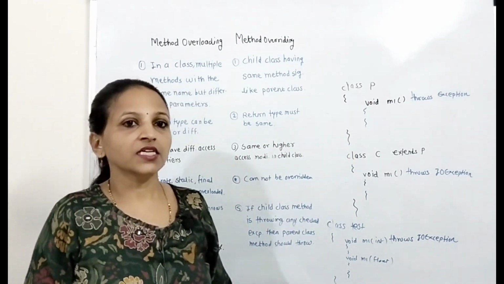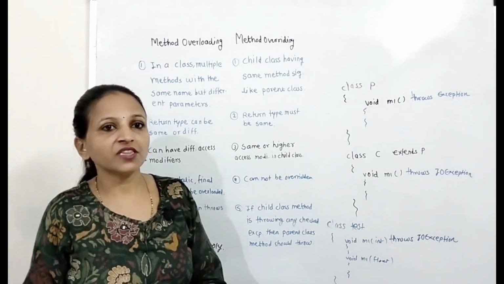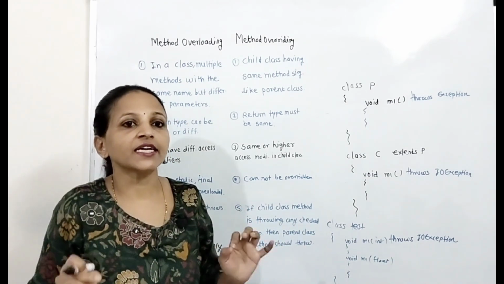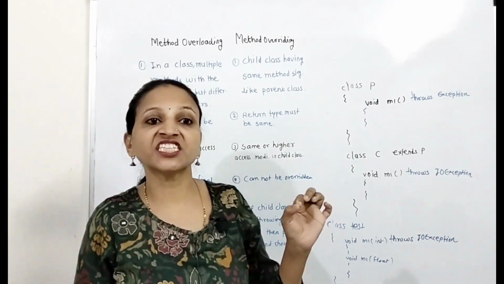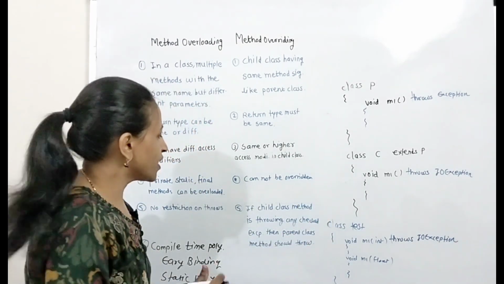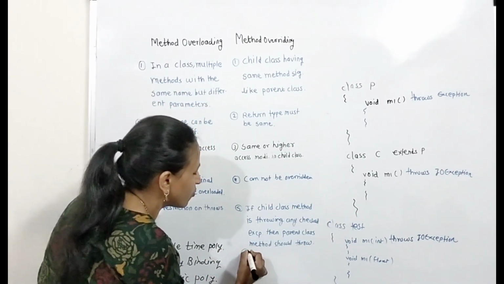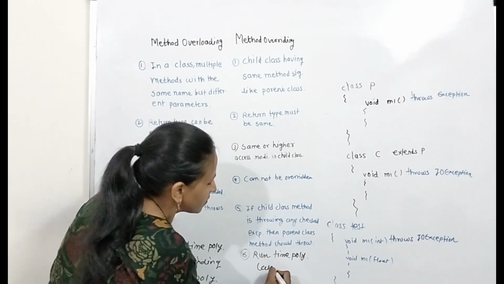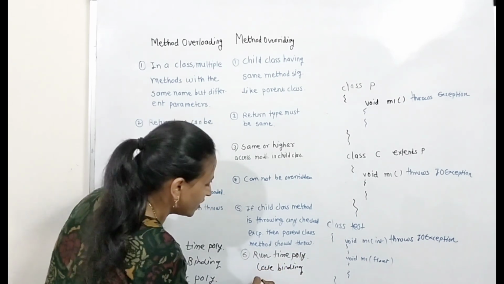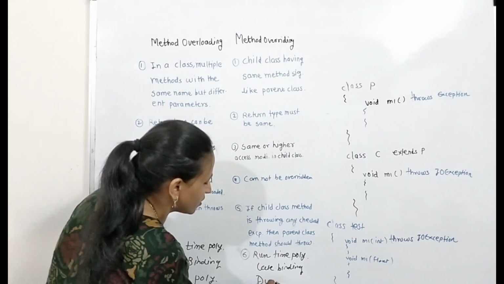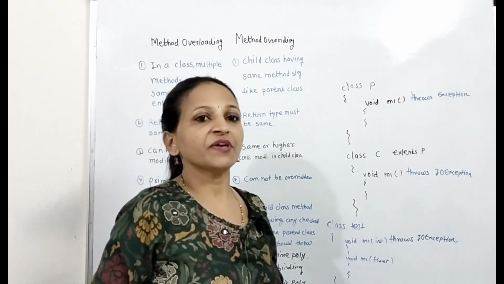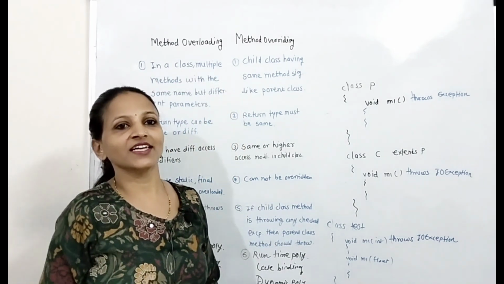And the last thing is that the binding of the method call to the method signature will be done at the time of execution by the JVM. That's why it is called runtime polymorphism, late binding or dynamic polymorphism. This is the difference between method overloading and method overriding in Java.